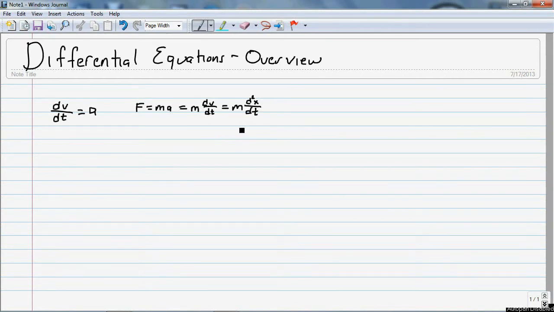So this idea that things are always changing, now if I put this into a more general term, what we're going to be doing this semester, let's say we have a force, it's a function of t, then that means that, well, the mass we usually keep constant, so the acceleration is a function of t, which means then that the velocity is a function of t, and the distance.